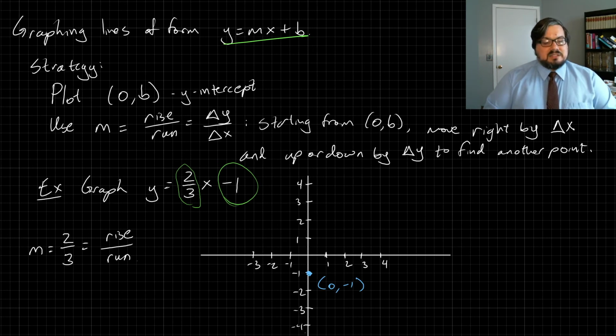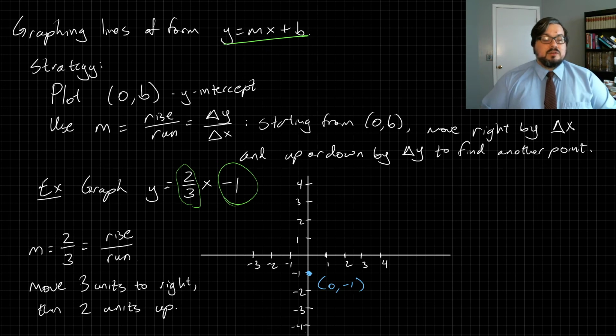And so what that's going to mean for us is that to move from one point on the graph to another, we want to move 3 units to the right, then 2 units up. So the denominator of your slope tells you how much your x coordinates should change, how far you should move horizontally. And then your numerator tells you how far you should move vertically.